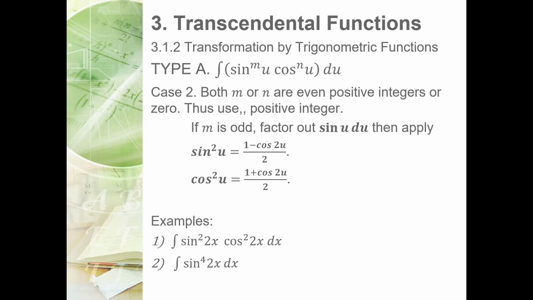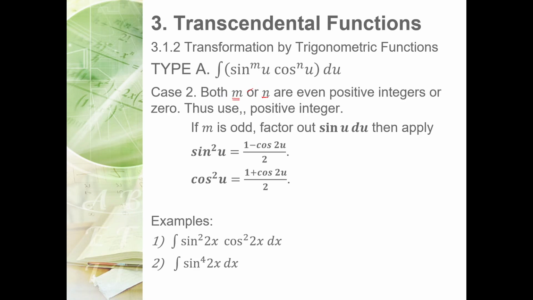So in the second case, both m and n are even and positive integers. So it could be m and n are even and positive integers, or if the sine function is present in the equation and there's no cosine function, it could only be m.